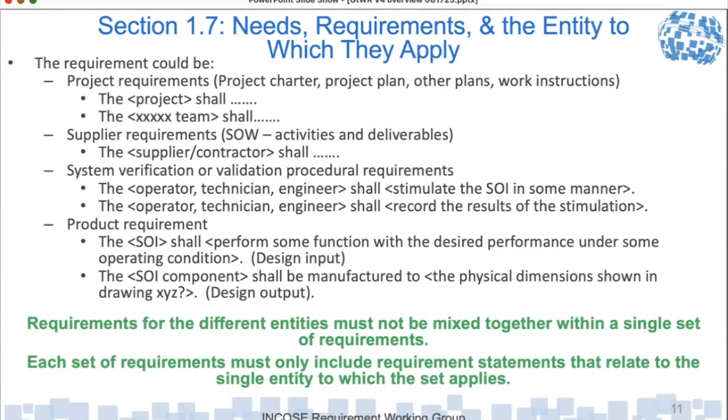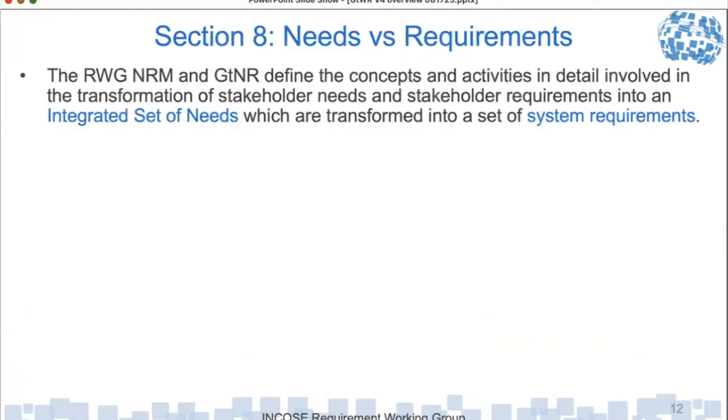So keep in mind when you're writing requirements that a lot of times people talk about requirements, but they never specify the entity that they're really talking about. And they also don't talk about design inputs or design outputs. So in that case, it really gets confusing when people are so ambiguous in the use of the word requirements. So that's why we made this distinction.